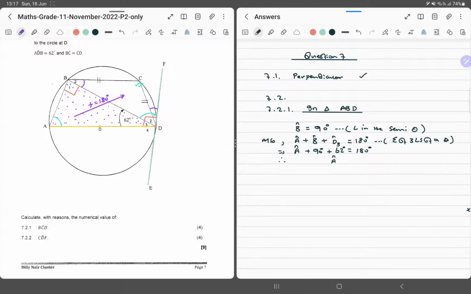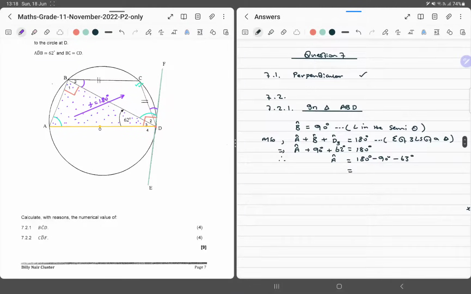Therefore, our angle A is 180 degrees minus 90 degrees minus 62 degrees. So 180 minus 90 minus 63 is 27.